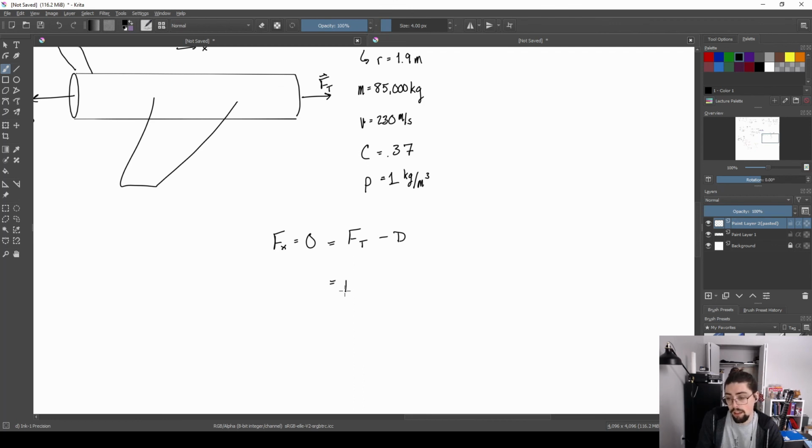We know that drag should be equal to 1/2 C rho A V squared. Yikes, so many things that go into that. But that's all right. Looking at this thing, since the net force is equal to 0, we know the thrust is equal to 1/2 C rho A V squared.